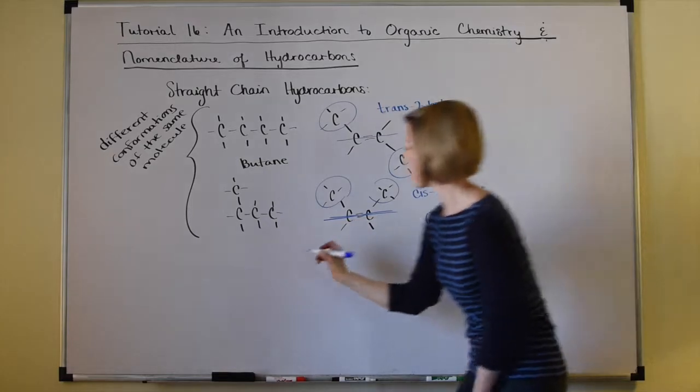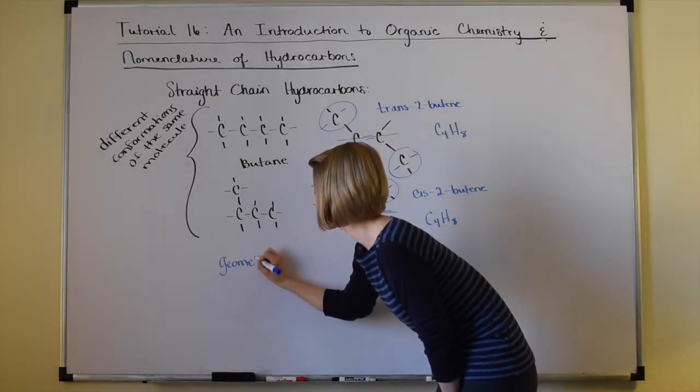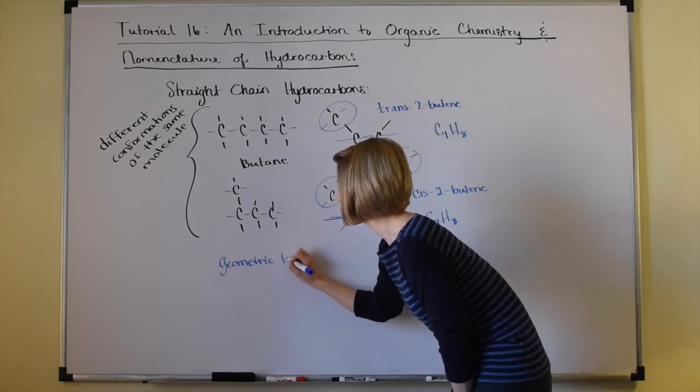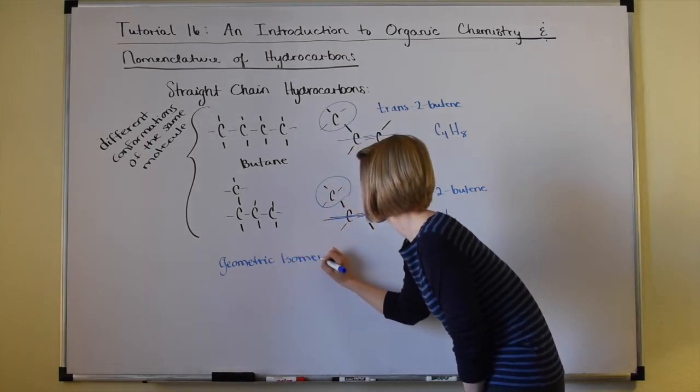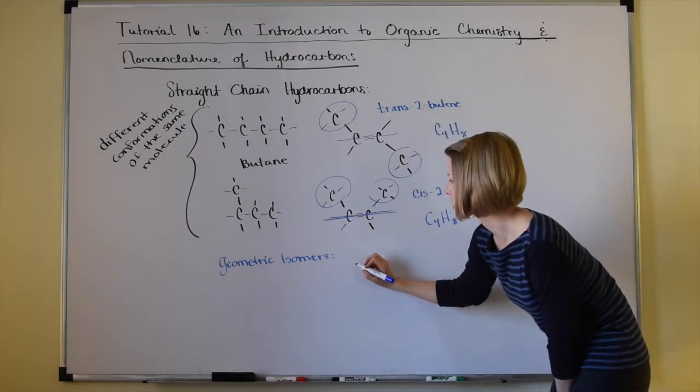So let's go ahead and write down here the definition for geometric isomers, sometimes called cis-trans isomers.